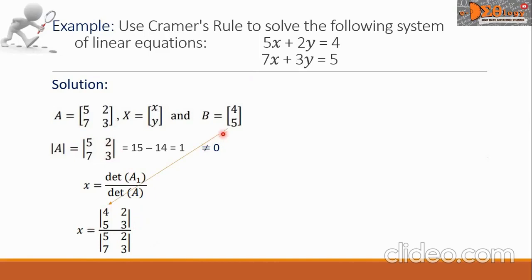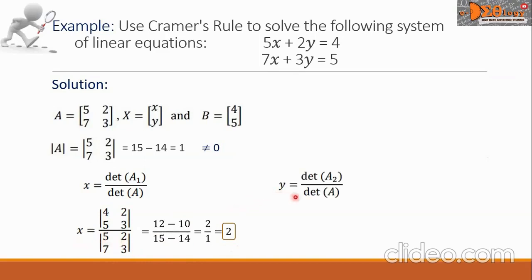And that is, we replaced by the constants here. Then let us evaluate the corresponding determinants. 4 times 3 is 12, minus 5 times 2 is 10. All over 5 times 3, 15, minus 7 times 2, 14. Simplifying, we have now 2 over 1 or equal to 2. This is the value of x.